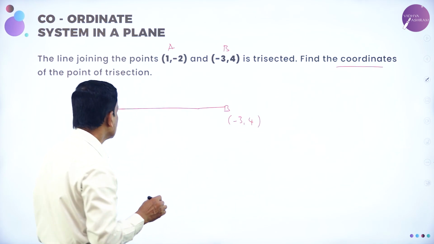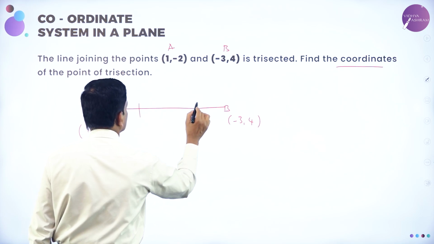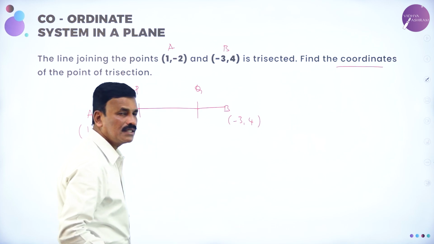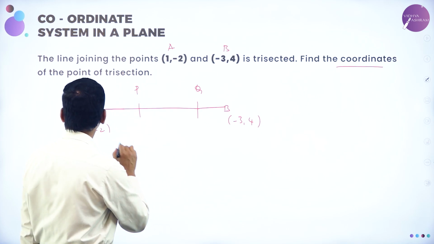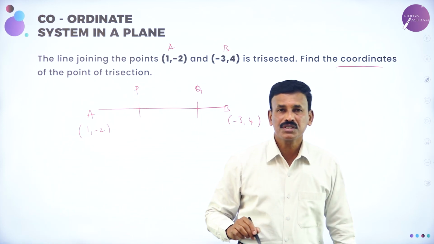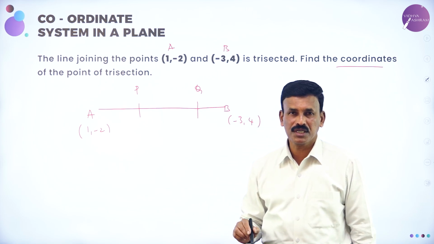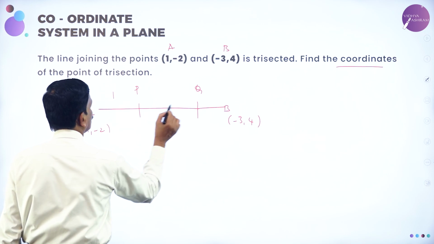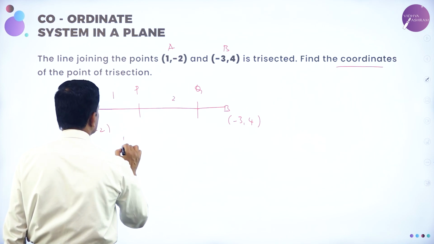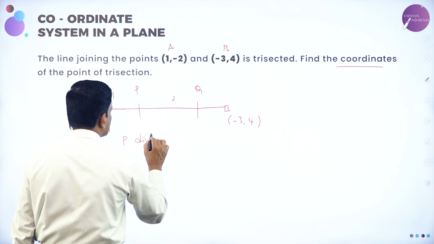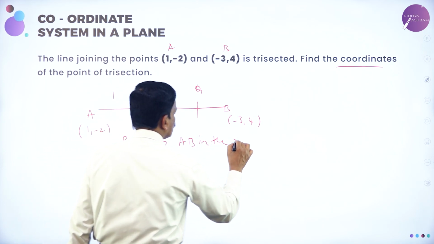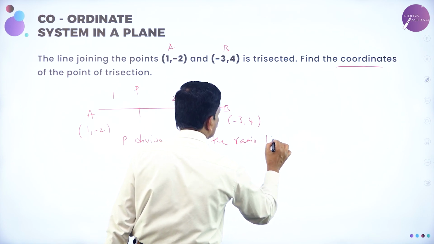So we have to trisect this. This is one section and this is another section, call them P and Q. Then find the coordinates of the points of trisection. So what is required is to find P and Q. Let us think here. Suppose P divides AB in the ratio 1:2.